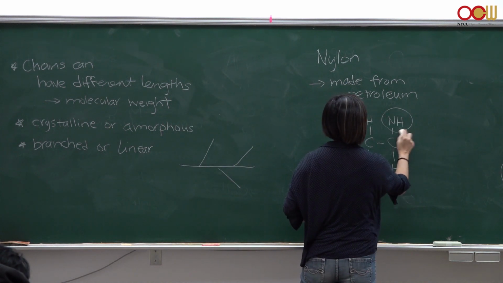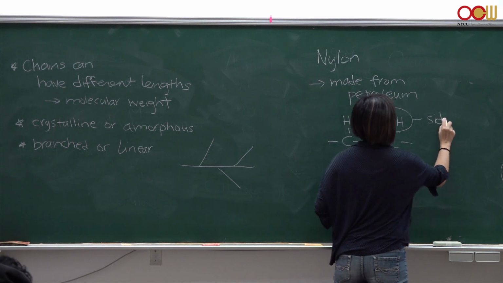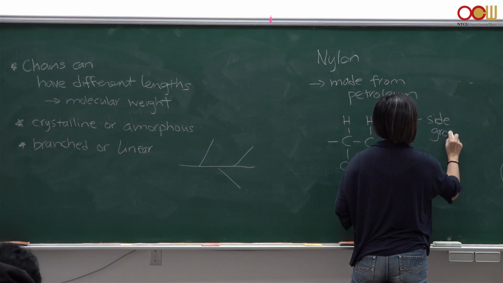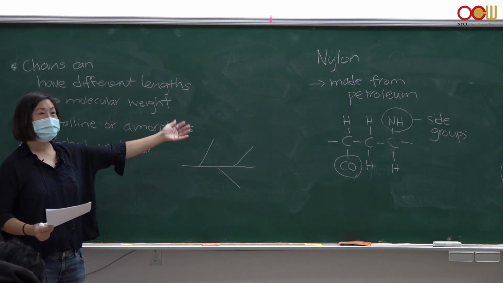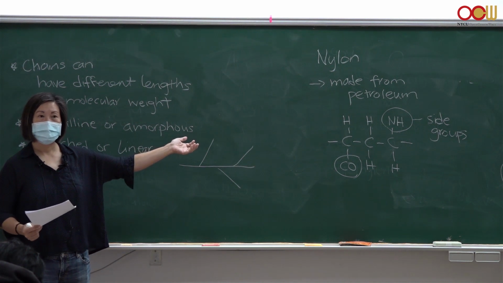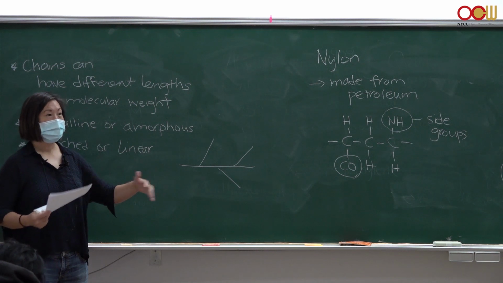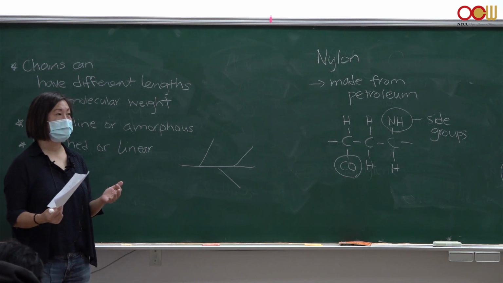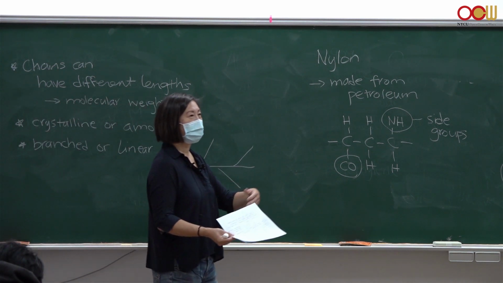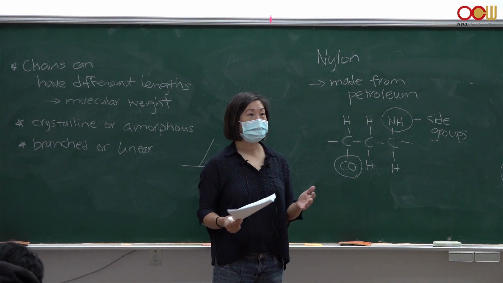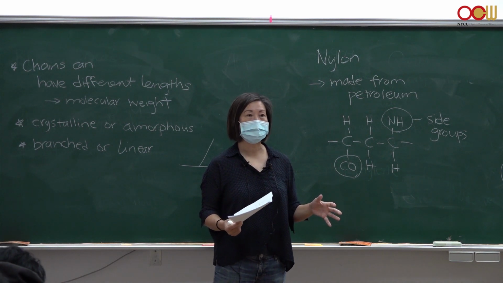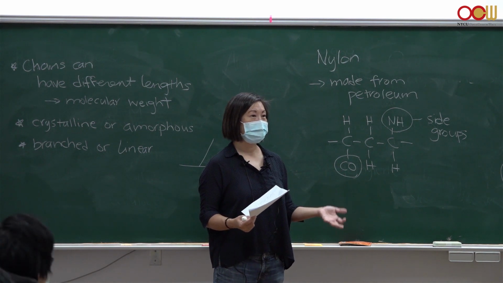So these are what are called side groups. So depending on what you add as a side group, what kind of compounds you add, and also how many side groups you add, it will change the behavior of the plastic. And so that's another reason why plastics is so useful. It's because we have such high level of control over the behavior of plastics.